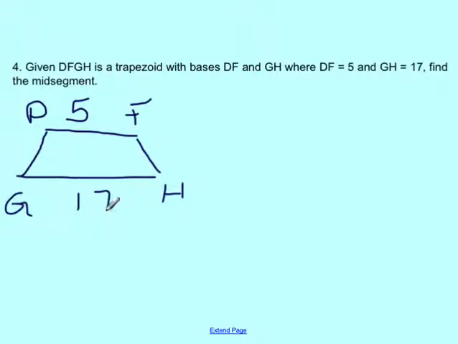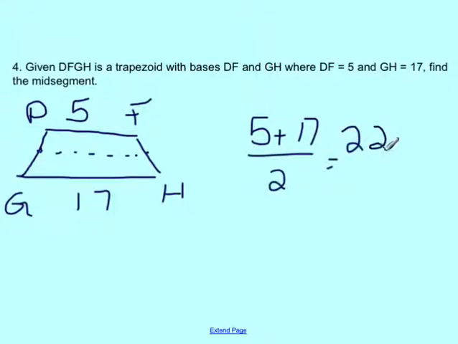So the midsegment is going to be a line going through here where those points on either side are the midpoints. So to find that, all I'm going to do is add my two bases and divide them by 2. Well, 5 plus 17 is 22, and I'm going to divide that by 2, which is going to give me 11. So the midsegment of that trapezoid then is 11.